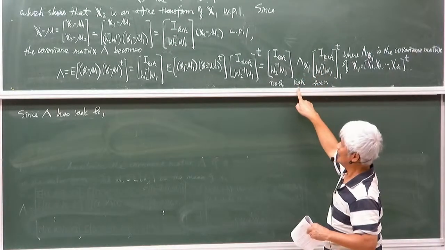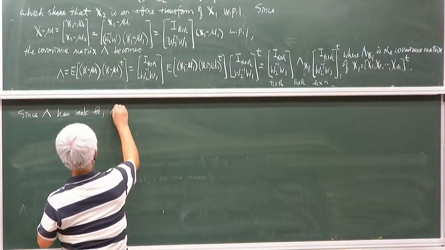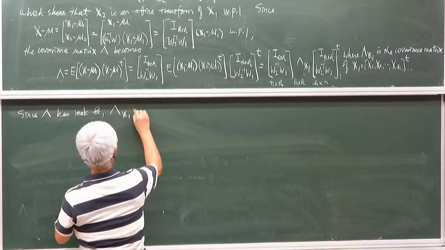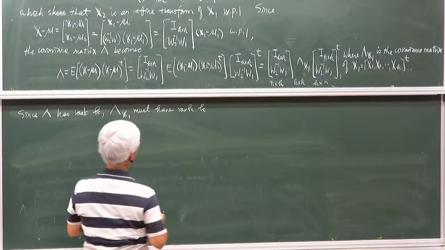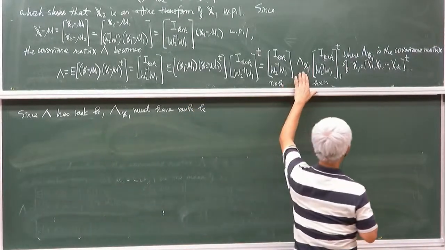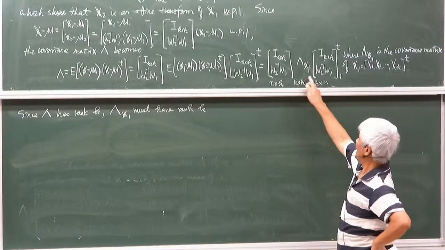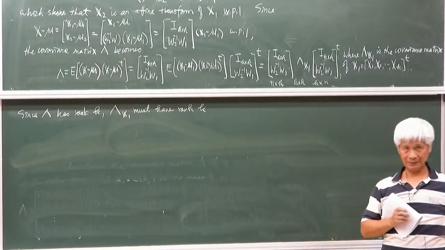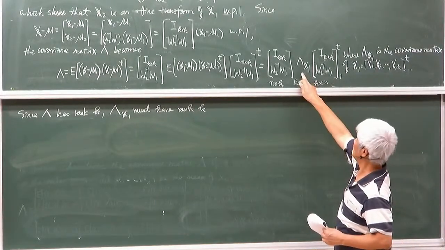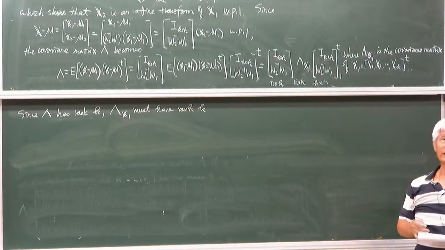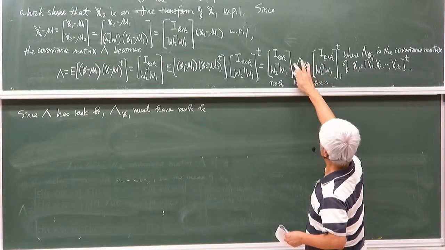But we know this product has rank k. So the lambda x1 must have rank k too. Why? Because if the rank of this central matrix is less than k, then the product has rank less than k. The rank can be smaller than or equal to the rank of this central matrix, so the rank of this one must be equal to k.